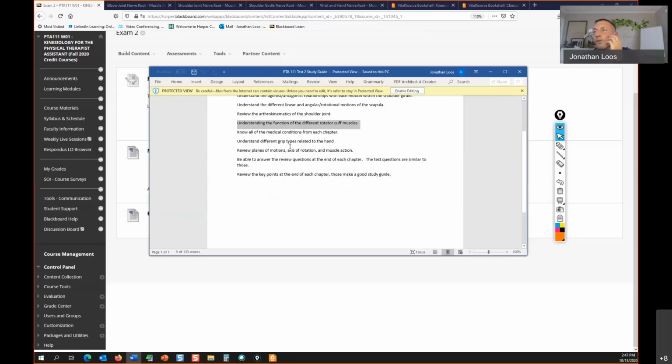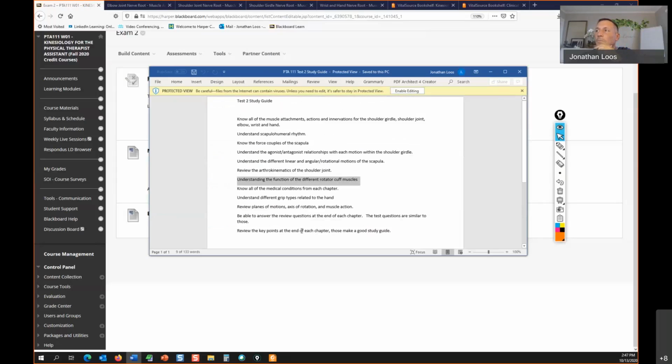It's not even a whole page; it would have been longer, but I think the review questions and the key points at the end of each chapter are sufficient.